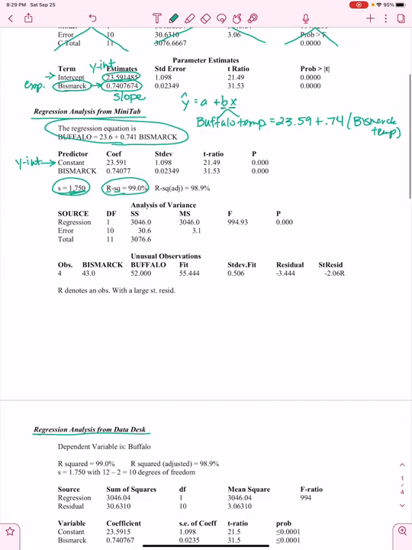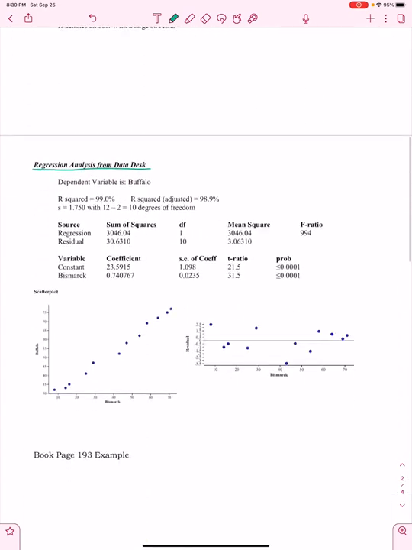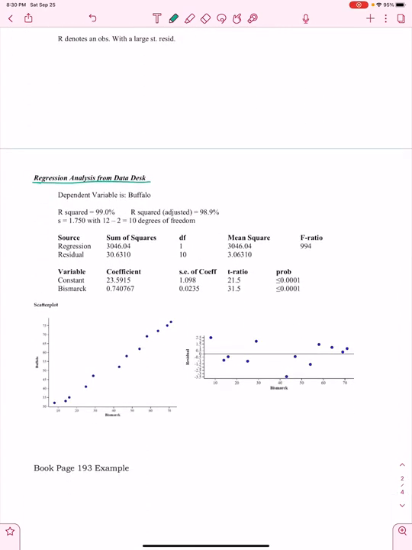Okay, something else to note here. Some of the computer outputs will give you R squared adjusted. That just means they've adjusted it for whatever reason. We don't use that at all. So R squared adjusted, bad. R squared, good. Okay, then this is a regression from DataDesk, and typically what you'll see on a linear regression question where they want you to build the equation, you'll be given some information like this.